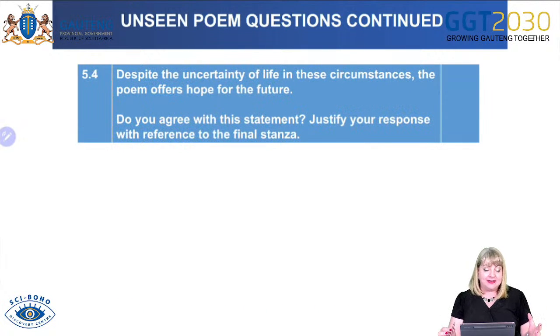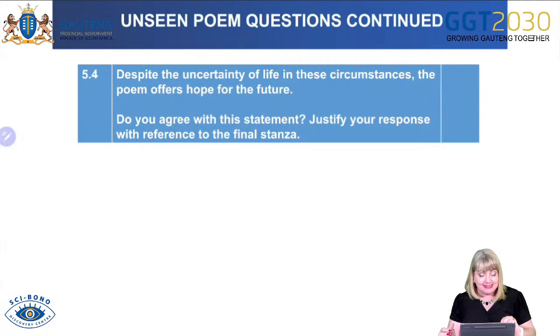And then they say at question 5.4, despite the uncertainty of life in these circumstances, the poem offers hope for the future. Do you agree with this statement? Justify your response. And so remember, if you read this poem the first time, and perhaps you weren't exactly sure what it was about and what the message was, the question gave you that information.